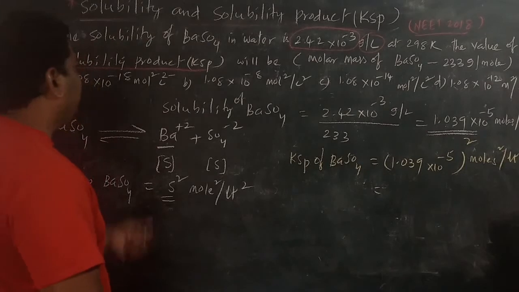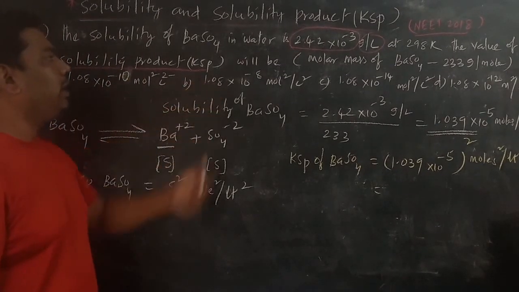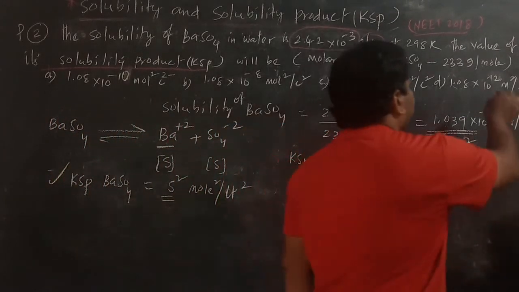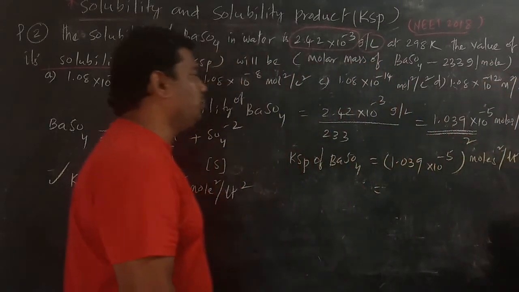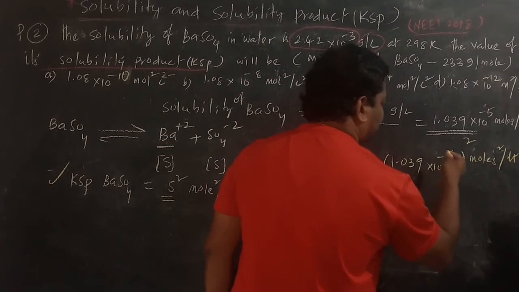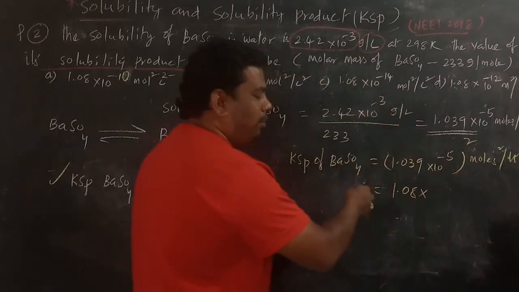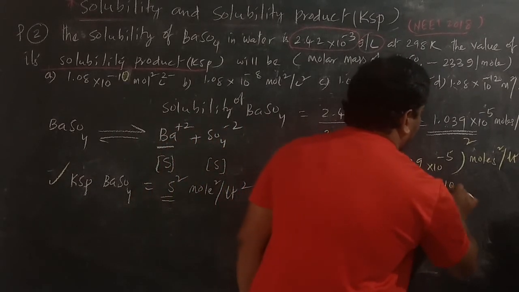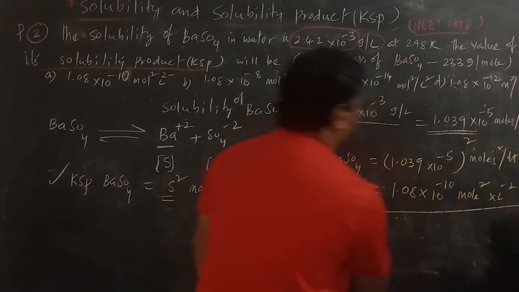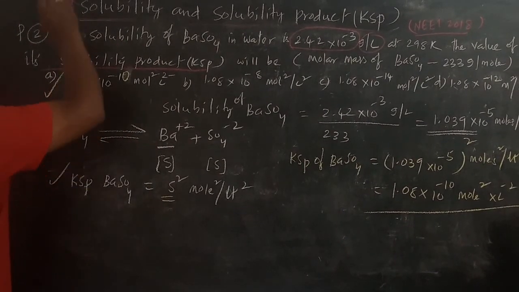You can see the given options: 10 to the power of minus 8, 10 to the power of minus 14, and 10 to the power of minus 12. Approximately the value is 1.079, and writing the rounded number, that is 1.08 into 10 to the power of minus 9 mole square per liter square. So the given option number 1 is the correct answer.